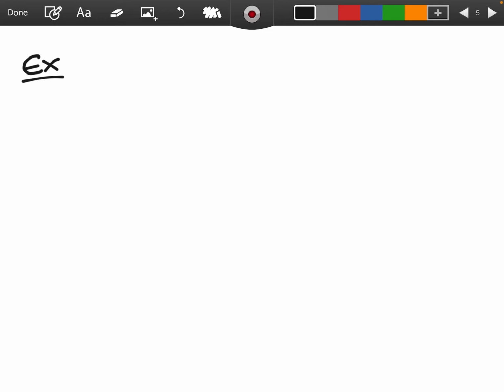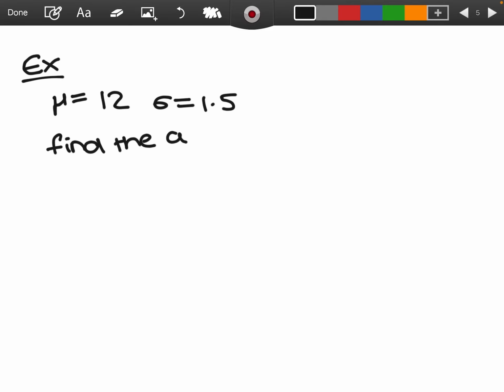Let me go ahead and do one last example of this just so that you can see this in action. So we're going to look at this distribution that has a mean of 12 and a standard deviation of 1.5.